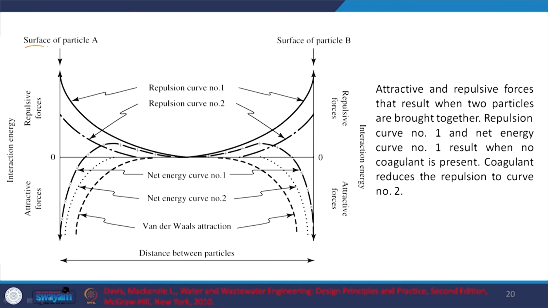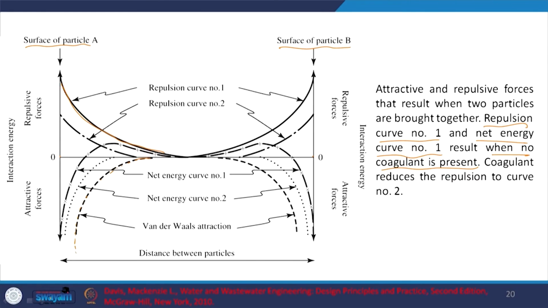So, here is the surface of particle A and the surface of particle B. I have two cases: repulsion curve number 1 and net energy curve number 1, when no coagulant is present. As I bring one towards the other, the repulsion force is this, and this is my van der Waals force of attraction, which increases greatly if I am very near.